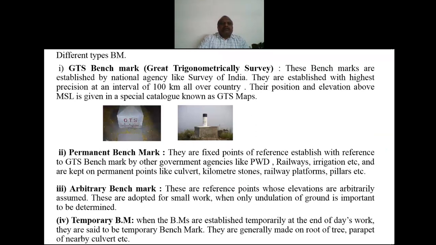There are various types of benchmark. Number one, GTS, Great Trigonometrical Survey benchmark. Number two, permanent benchmark. Number three, arbitrary benchmark. And number four, temporary benchmark.